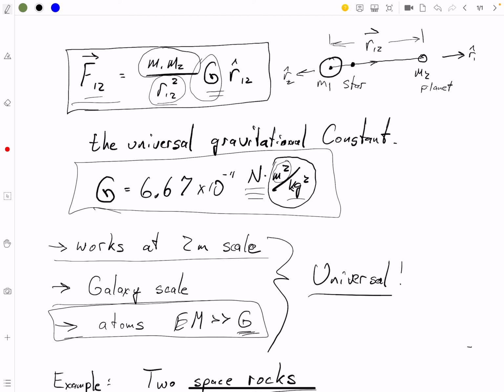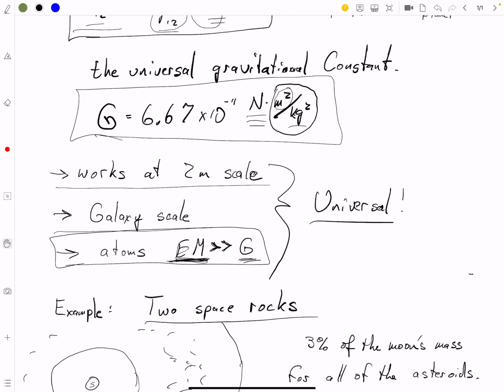Gravity's pulling them together, but the electromagnetic force dominates in that region. It's so much bigger, okay? The electromagnetic force is so much bigger than gravity, which we'll see in a little bit, that at the atomic scale, gravity still works. It's just definitely harder to see. That's all.